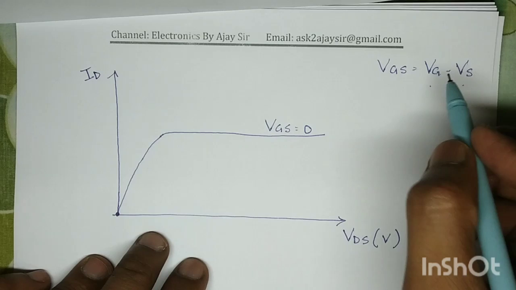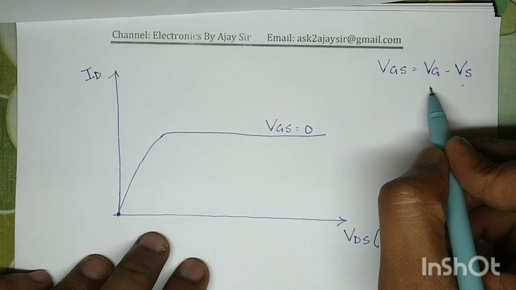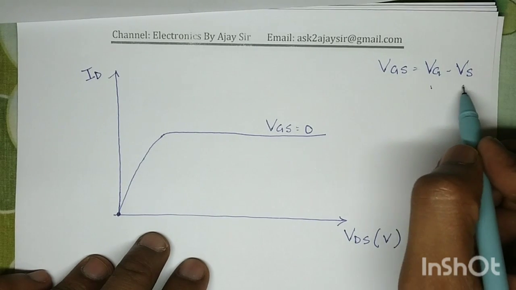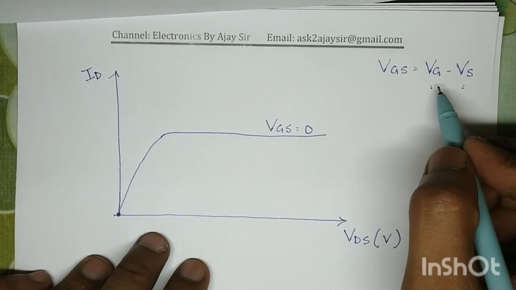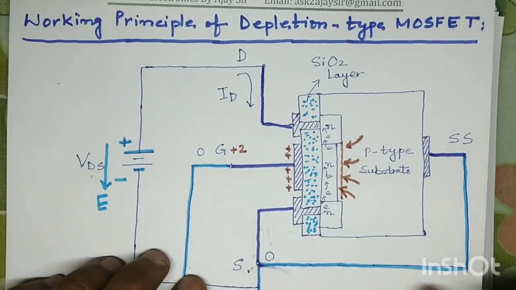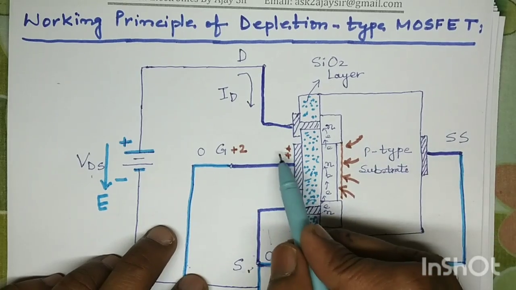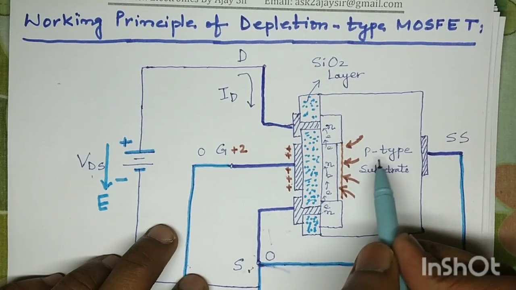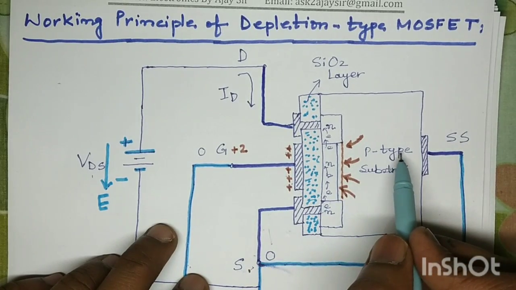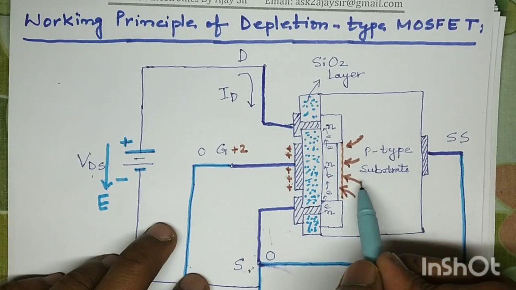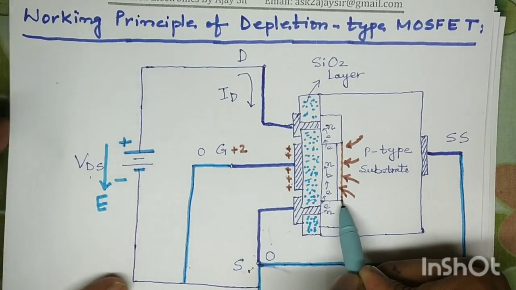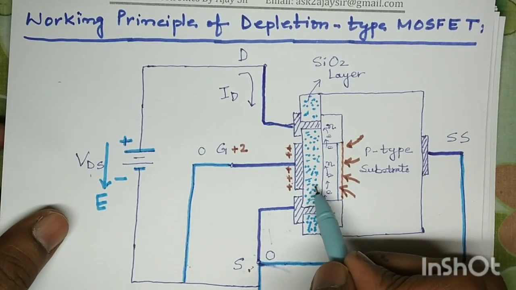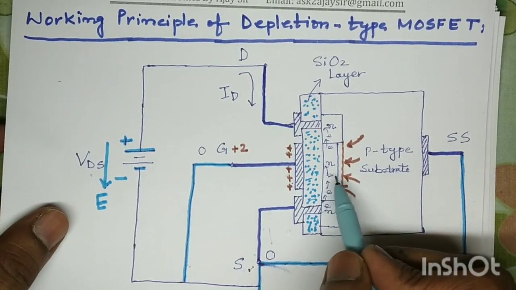Now in the second case, we are applying some positive potential across the gate, and the source is at zero potential, so VGS now becomes positive. When we apply positive VGS, due to the positive charge the minority charge carriers, that is electrons from the p-type substrate, are attracted towards this channel, and as a result the channel thickness will increase, and hence the current carrying capacity of this MOSFET will increase.